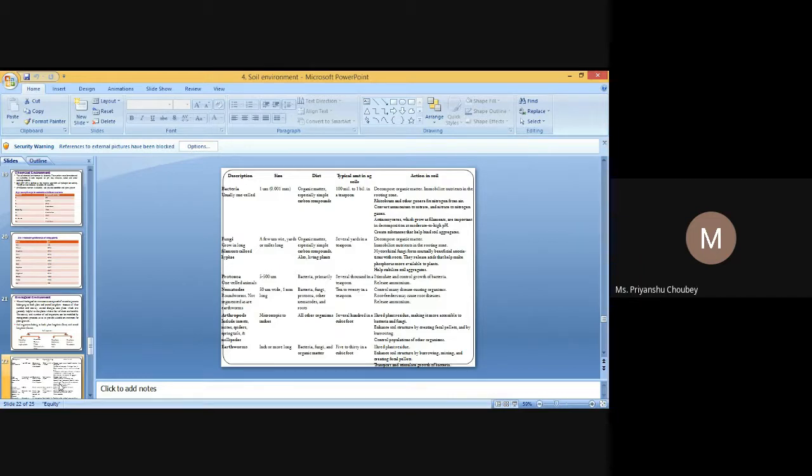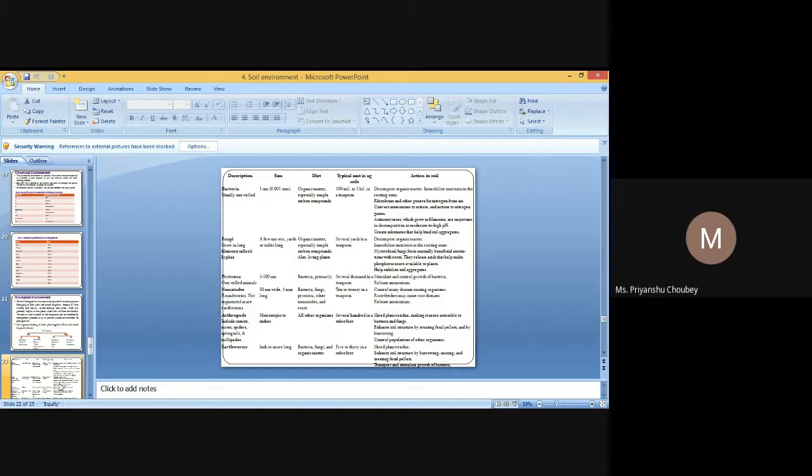Description here. Bacteria are usually one cell, the size of 1 mm to 0.001 mm, and they feed on organic matter, especially simple carbon compounds. The typical amount in soil is 100 million to 1 billion in a teaspoon.